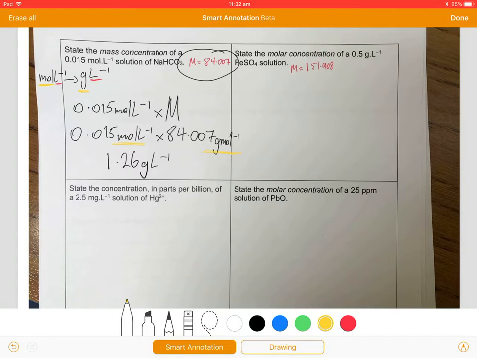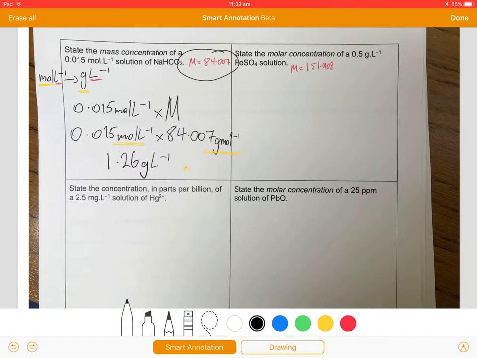If we look at these bits here, we've got, might use a different colour, might use red, we've got moles per litre multiplied by grams per mole. These are going to cancel out, and that's going to leave us with grams per litre. Beautiful. Just going to get rid of that and get it out of the way.